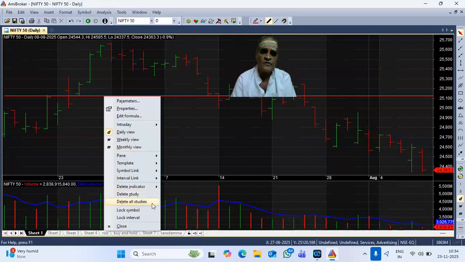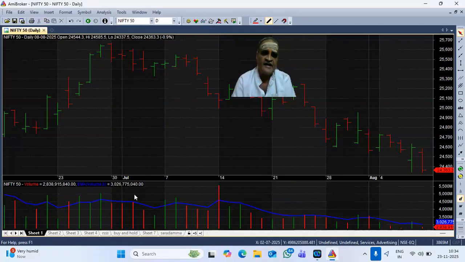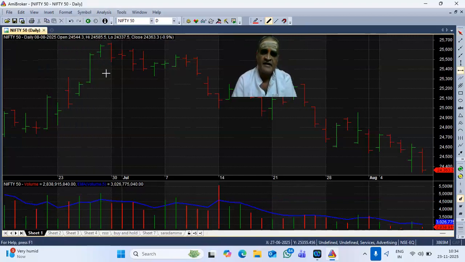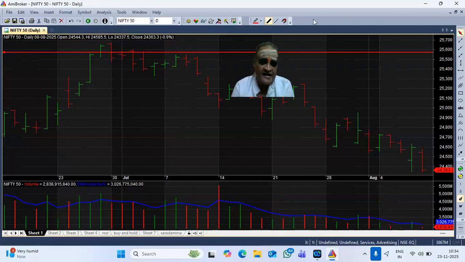So what I do is I will put a horizontal line to see what is the level that should be maintained. I put a horizontal line at the high of the long bar, so that if the low of the bar crosses below this level next day, that is a bearish indication.